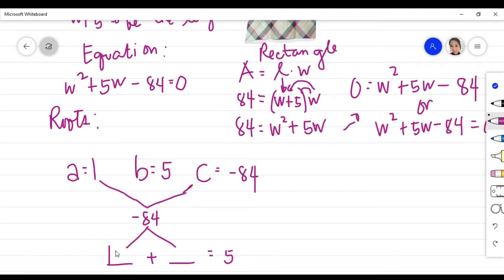The two numbers are 12 and 7. Since our sum is 5, the bigger number should be 12. So it should be positive while 7 is negative. So 12 times negative 7, that is negative 84. But 12 plus negative 7, that is positive 5.